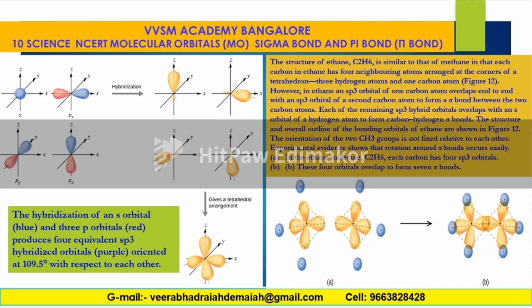The hybridization of an orbital, the structure of C2H6, for example, ethane. If you observe in the ethane molecule C2H6, each carbon has sp3 orbitals. Here, these four orbitals overlap to form 7 sigma bonds.